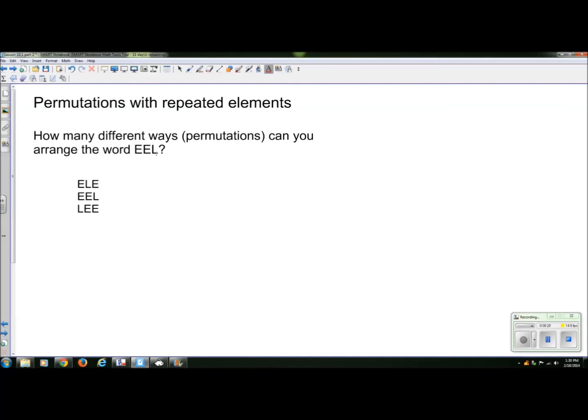So in that case, that gives us three elements, that's 3 factorial, divided by the number of times that one of those elements is repeated, 2 factorial. 3 factorial over 2 factorial is 3 times 2 times 1 divided by 2 times 1, leaving us with 3.